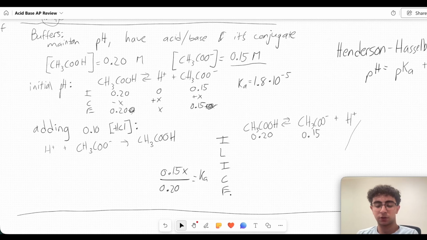Our Ka value is up here for your info. So solving for x, I get about 2.4 times 10 to the negative 5, which is going to be our concentration of H+.